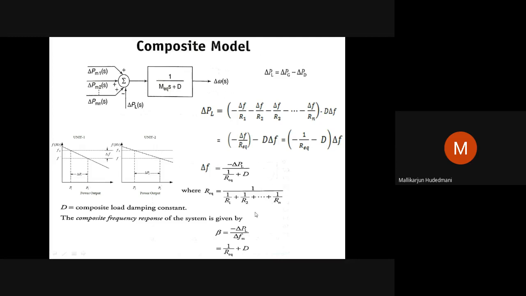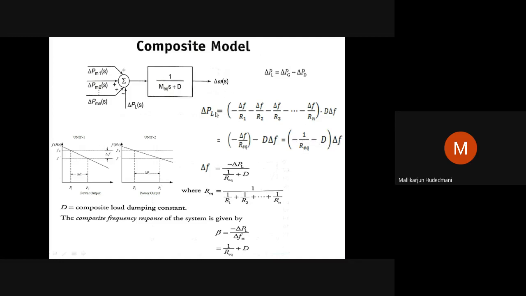This representation becomes the equivalent droop of all the generators in a plant. If there are 2, R1, R2, like that. So that is represented as delta F by R equivalent with a negative, minus D into delta F, which is again simplified as delta F taken out, minus 1 by R equivalent minus D, delta F.